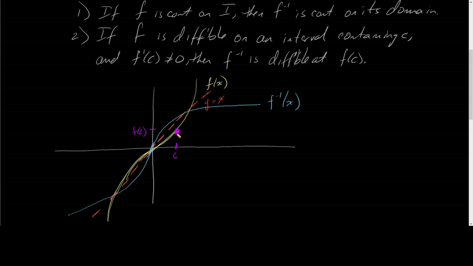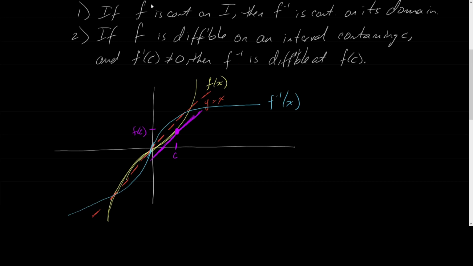At this point a tangent line exists, so the function is differentiable, because the slope of the tangent line is not undefined, and more importantly, it is not 0. Why do we care that it's not 0? Well, for the next part, the f inverse is differentiable there too.